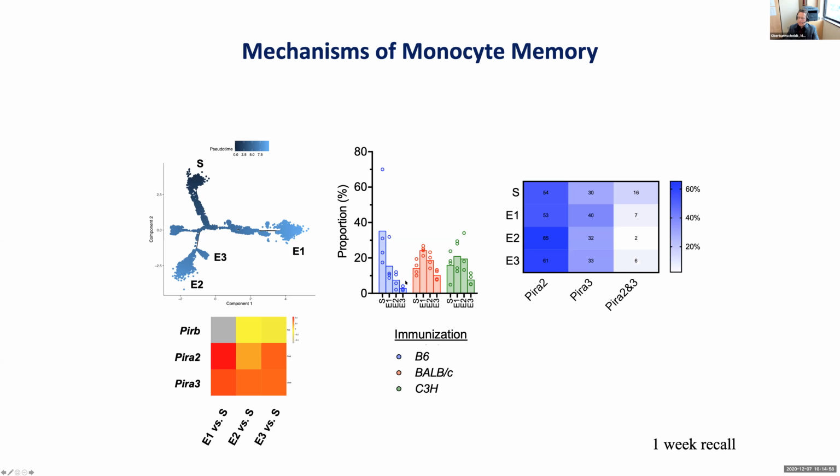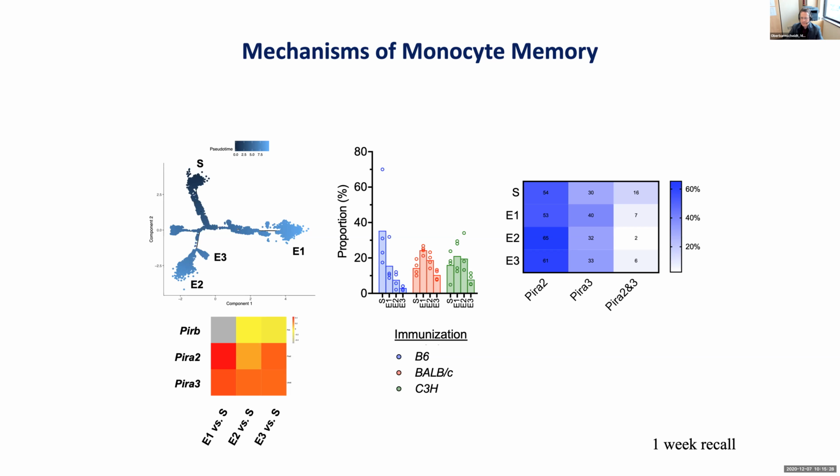And then finally, when we looked at the expression of either PRA2 or PRA3 or expression of both in those four states, we observed that there are very few cells that express both of the PRA molecules, indicating that there could be variegated expression of the PRA receptors on monocytes.